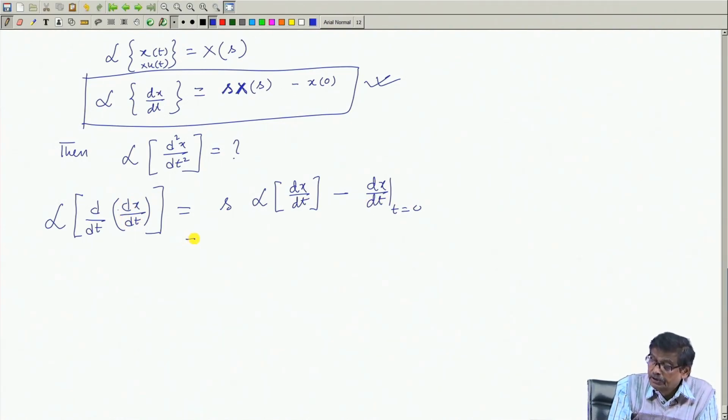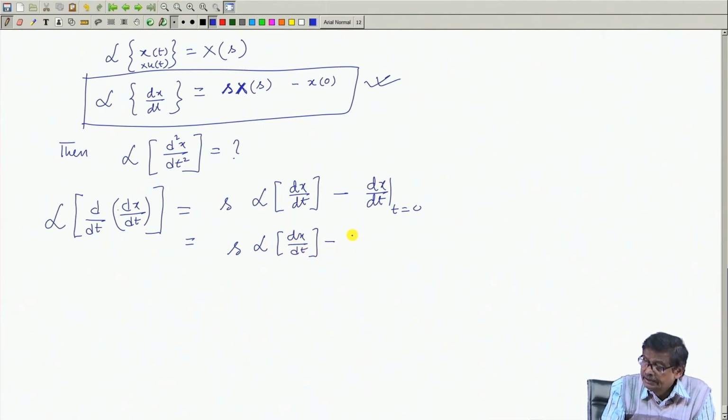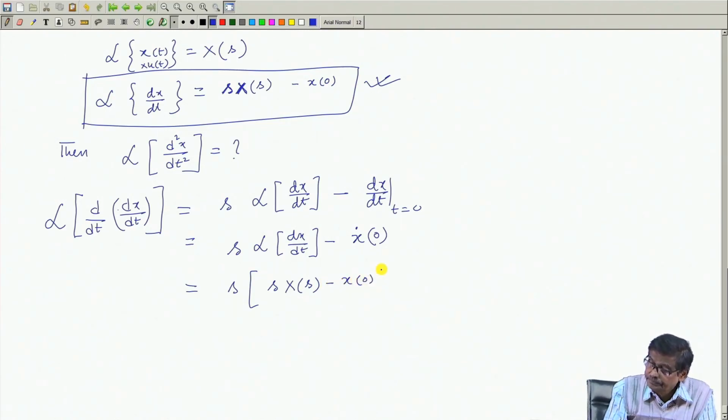So, this will be equal to, in short, the Laplace transform of dx/dt minus, in short I will write it as x dot at t equal to 0, x dot meaning dx/dt. Then s into the Laplace transform of dx/dt will be how much? s into X(s) minus x(0), and then minus x dot(0).